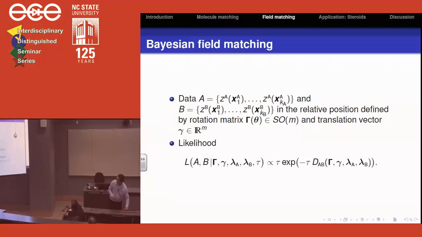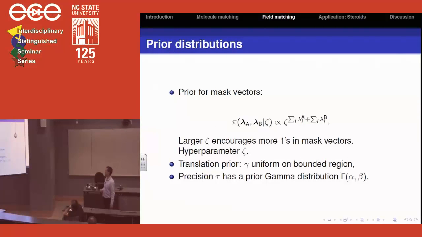And then I need to introduce a prior term. This turns out to be a very important parameter: a prior term to tell you whether there should be a large number of points included or just a small number of points. So this is a hyperparameter.